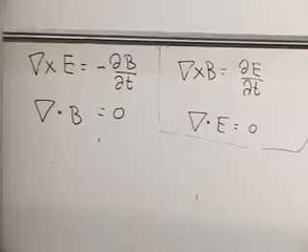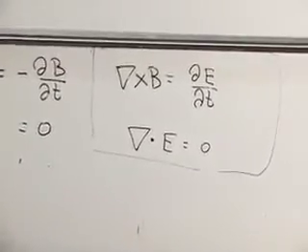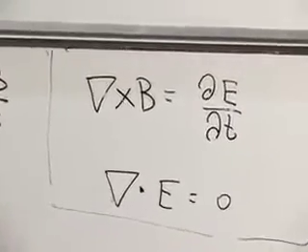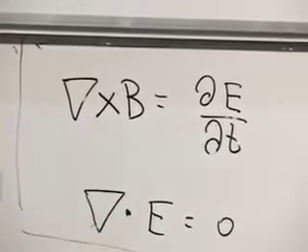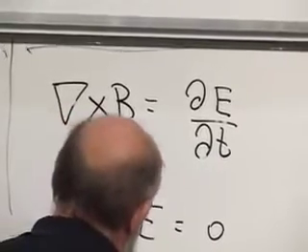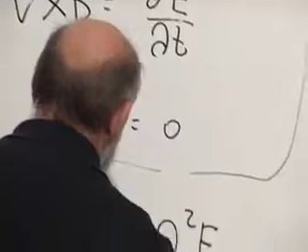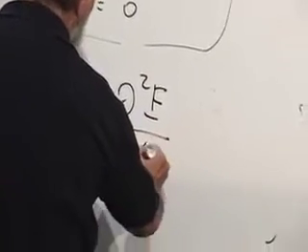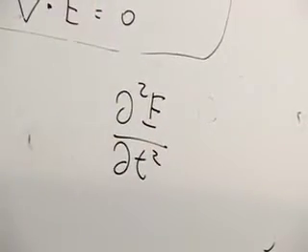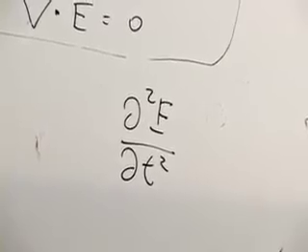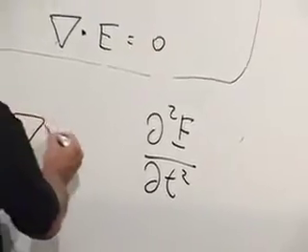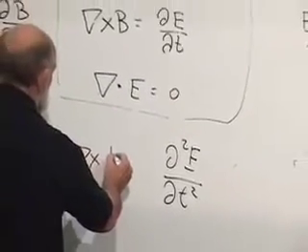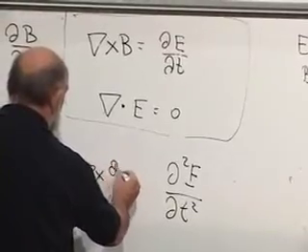It's got only one time derivative in it. Let's differentiate it again with respect to time so that we get a second time derivative. Then it will be d squared E by dt squared, the second derivative of the electric field, and that's going to equal del cross the time derivative of B.